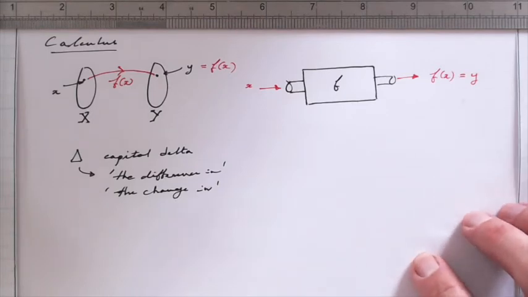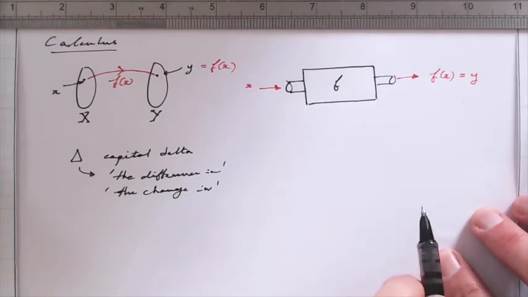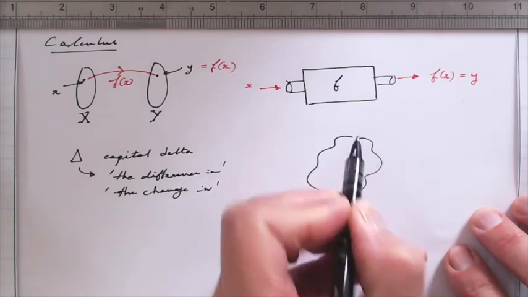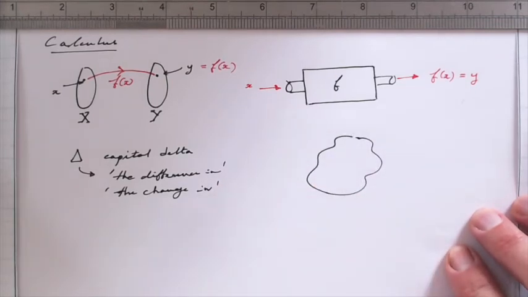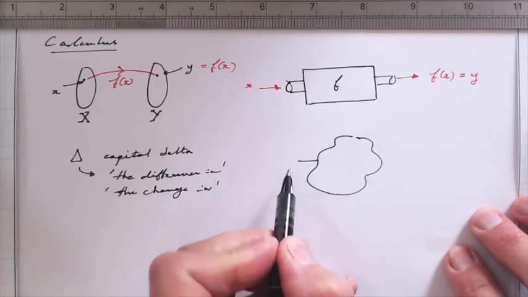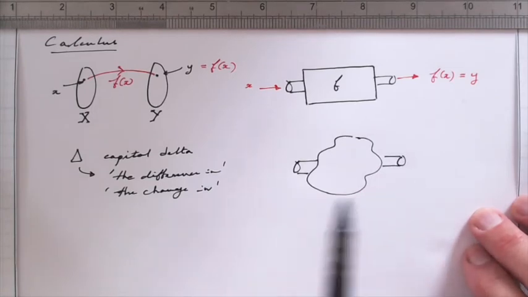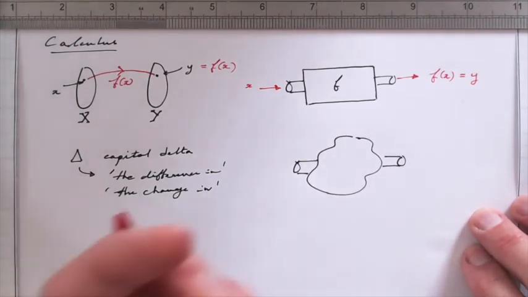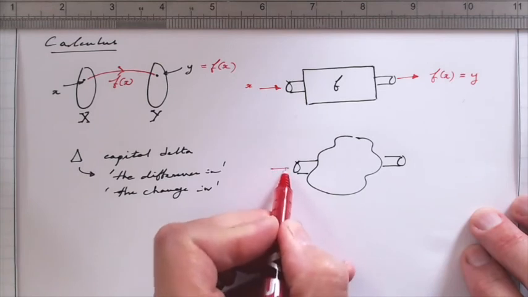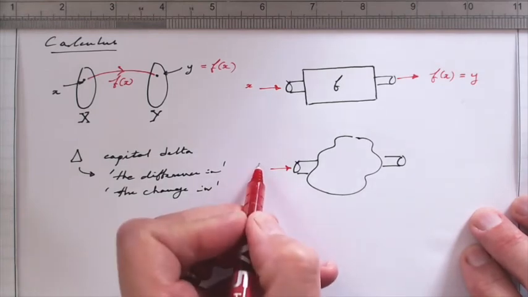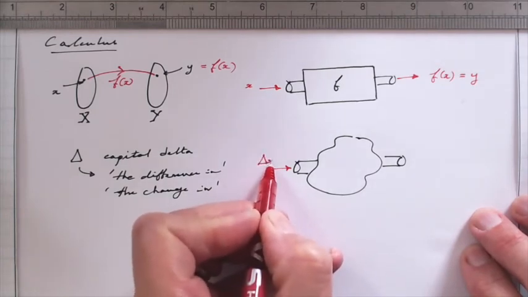And so here then is a different kind of machine. I'm drawing it as a more nebulous object. I'm not going to put a big label on it quite yet. It still has an input and an output. What's being fed in now is not, say, x. It is a change in x.